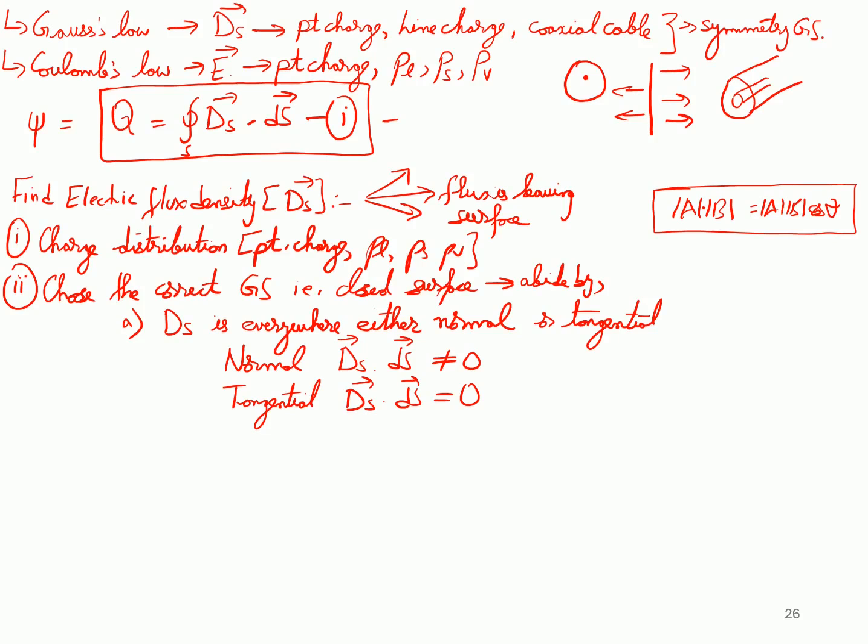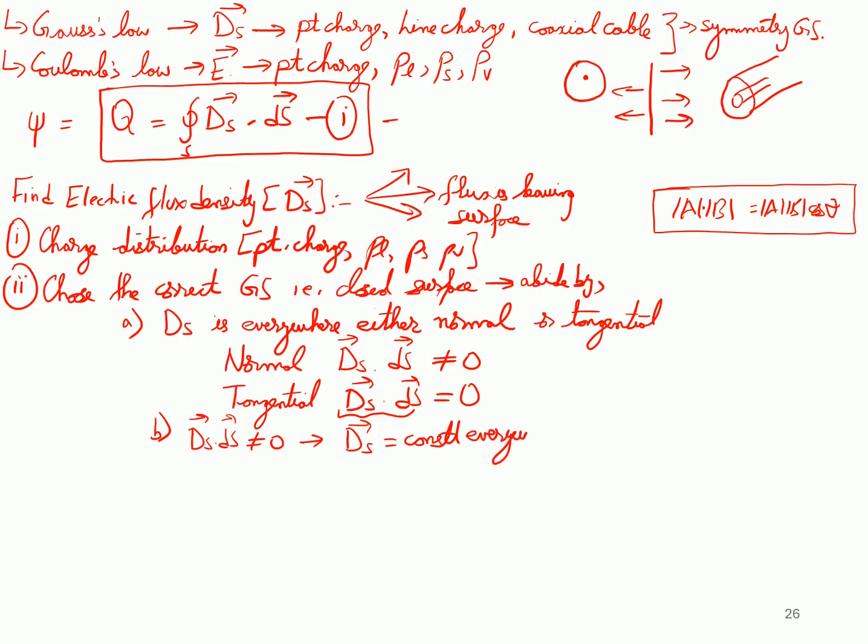So this is the subcondition A that we have to know, and the subcondition B is that once the dot product of D and dS is not equal to 0, when both the elements are not equal to 0, we are going to assume that D of S has a constant value everywhere.